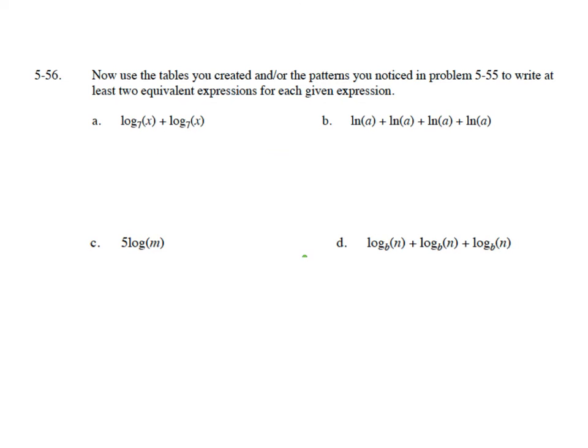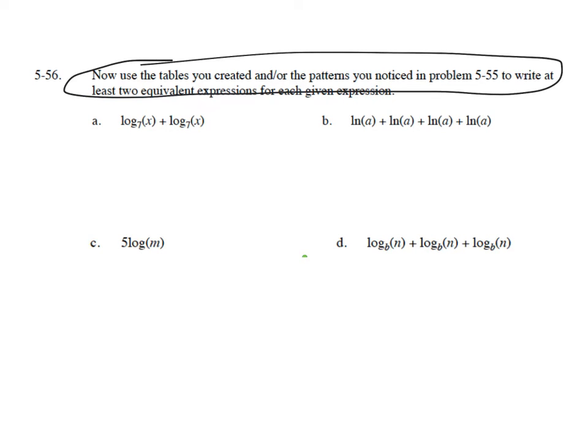And let's try this. I'm going to do one of these, and then you can do the other three, and then come back and check your answers. Use tables that you created or patterns that we noticed to rewrite these expressions in two equivalent forms. So here's my expression, log base 7 of x plus log base 7 of x. Well, if I have y plus y, that's 2y.